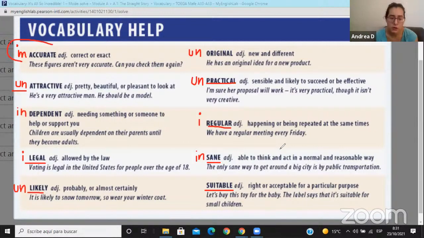So it's like appropriate, apropiado, suitable. And the opposite is unsuitable. But you could also say not suitable.